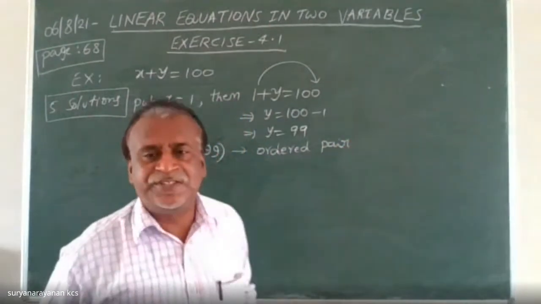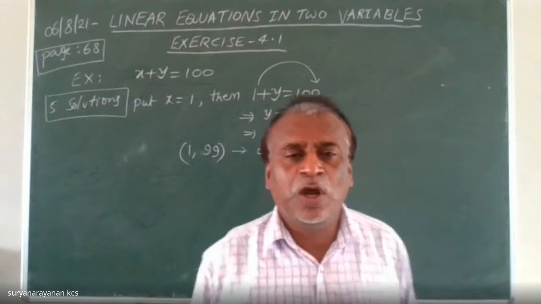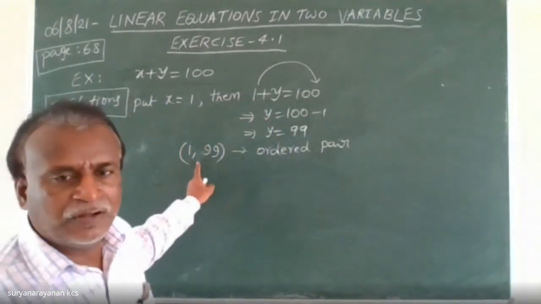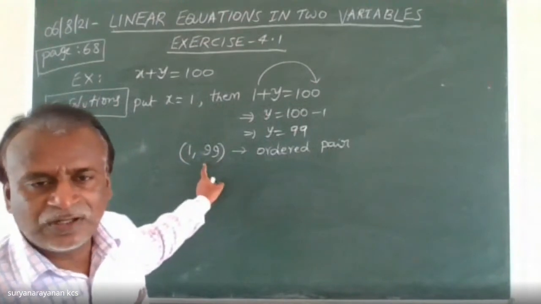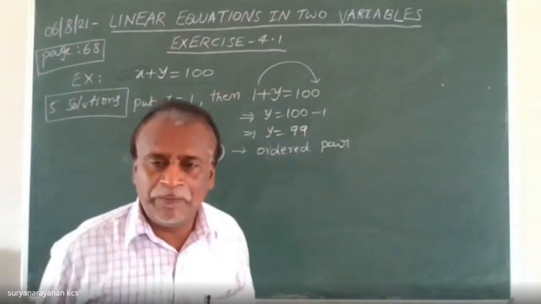In the Cartesian plane, in coordinate geometry, you have learned: in small brackets, if you are writing two numbers separated by a comma, this is called an ordered pair.